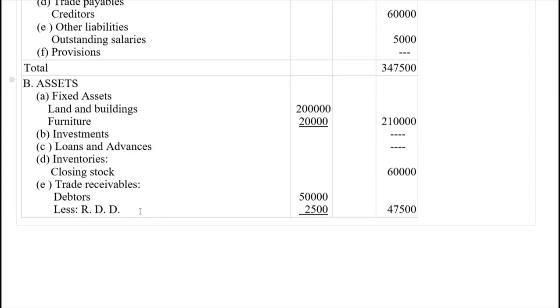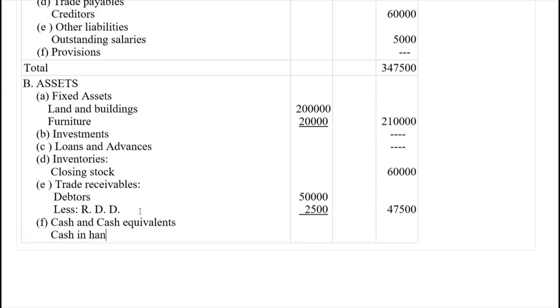Then the next one, F, we have got cash and cash equivalents. So here we have got cash in hand. So the cash in hand directly, let me take to the outer column here. So the cash in hand amount should be 20,000.